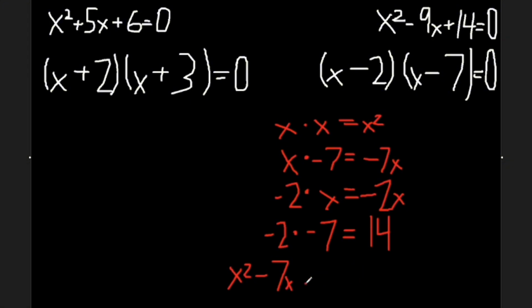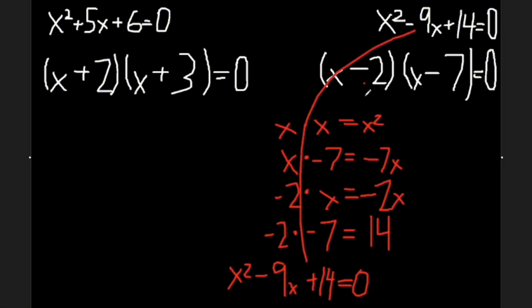Now we have x squared minus 9x plus 14 equals 0. And we got it correct. So now let's move on to completing the square.